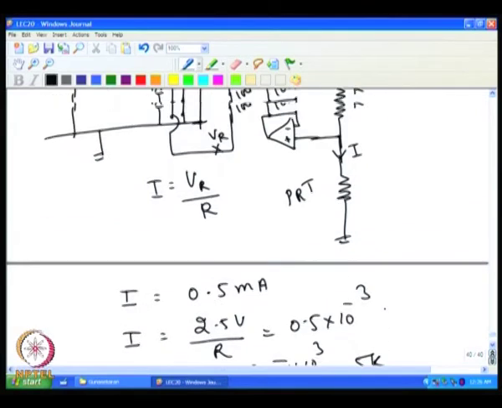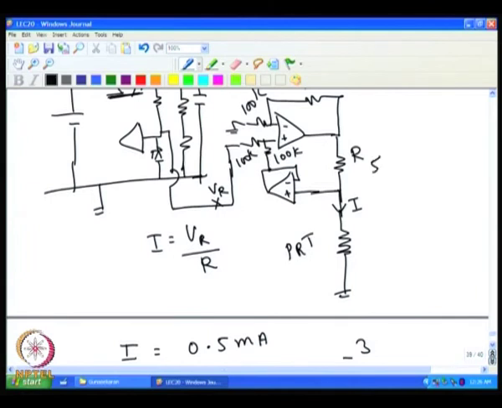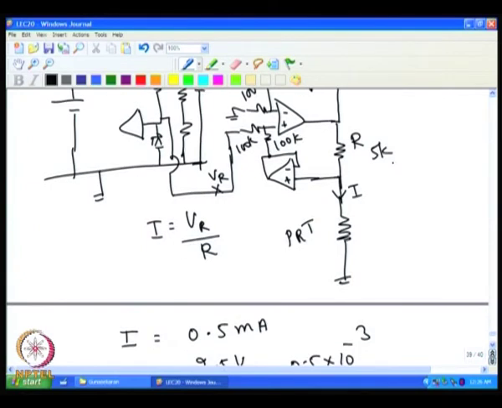So, we need R as 5K here. So, 5K resistance will make sure that the current flowing through this is only 0.5 milliampere.